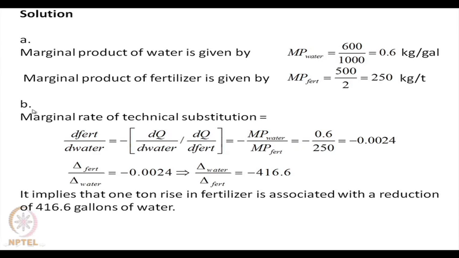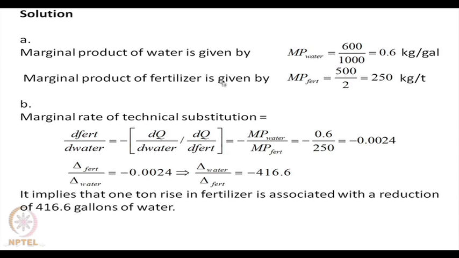Now, there are 2 parts to this question. The marginal product of water is straightforward. MP water is equal to dq divided by d water. dq means the change in the amount of potato grown for an additional amount of water given. So, it is told in the question that 600 kilogram of potato would be additionally produced for 1000 gallons of water additionally given. So, the marginal product of water is 0.6 kilogram per gallon, straightforward.